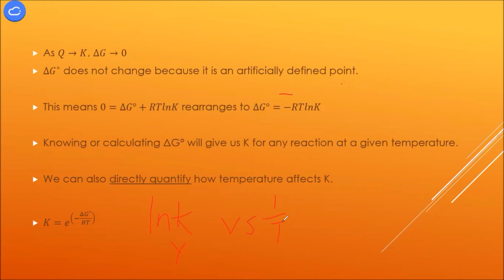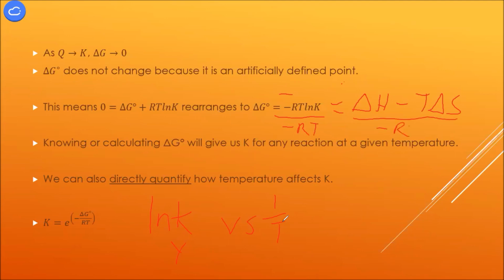And because we're basically setting this equal to delta H minus T delta S, I'm going to divide both sides by negative RT.